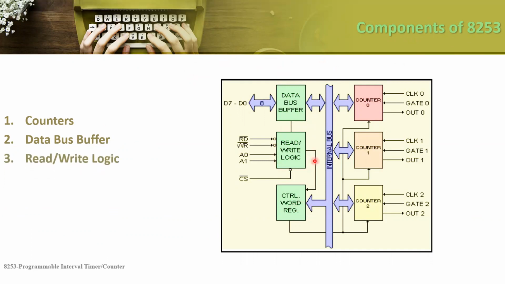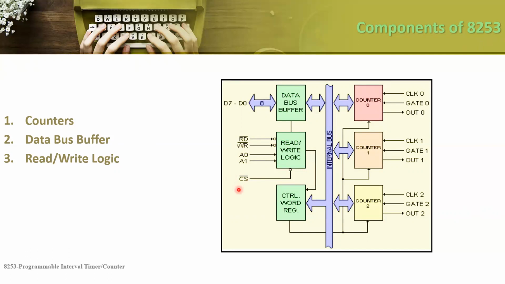Next, we have the read-write logic. The inputs to this read-write logic are the read signal, the write signal, address lines A0 and A1, which are used to select one particular counter, and the chip select. These inputs are provided by the microprocessor to the 8253 chip.